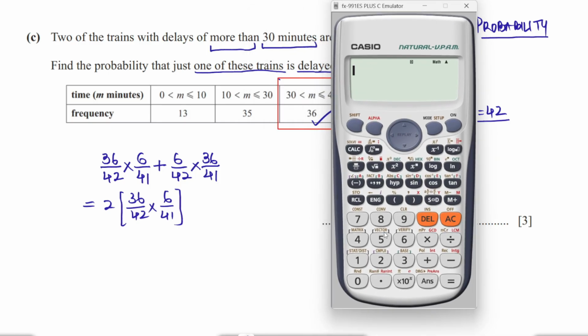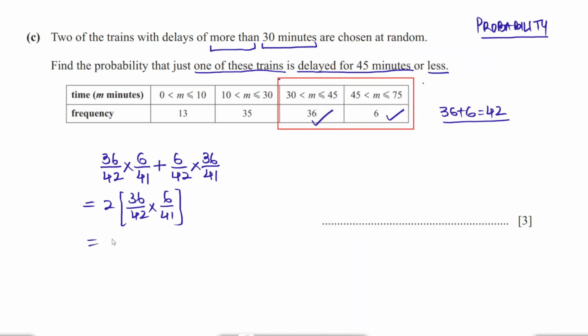So this comes out to be a fraction, 2 times 36 times 6 divided by 42 times 41. Or you can simply put in the calculator this value also, that will give you the same answer. So we got 72 over 287, and that has to be the answer according to my working.